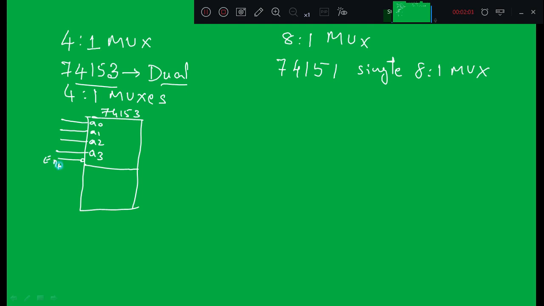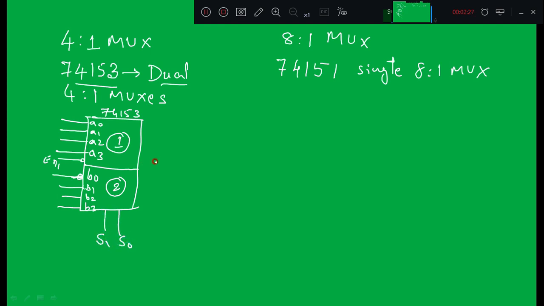And we have an active low enable. Similarly, this is one 4:1 mux, and this is the second 4:1 mux, where the data lines, which are active high, are B0, B1, B2 and B3. These are the 4 data lines of the second 4:1 mux, and the select lines are common here.